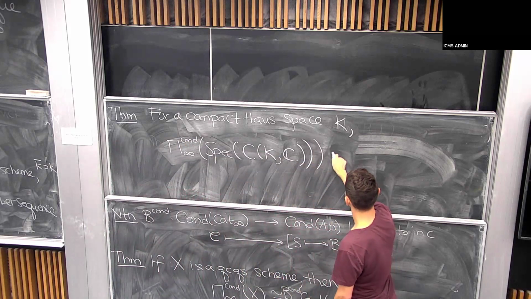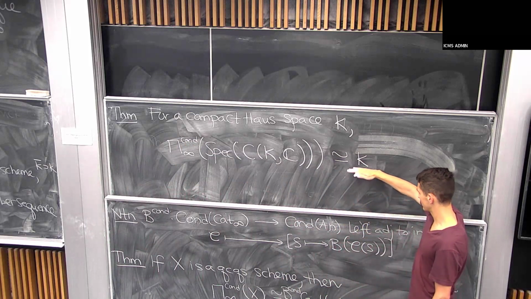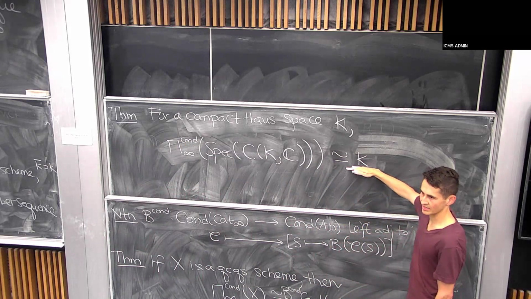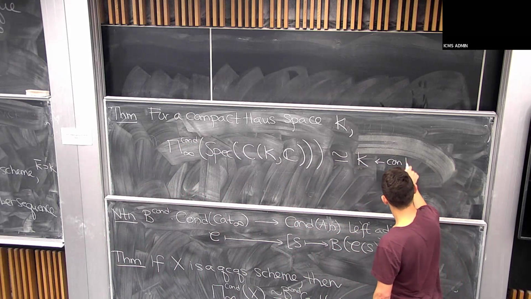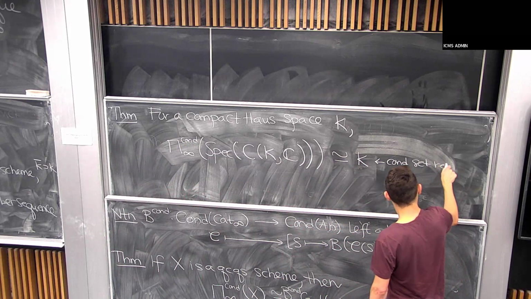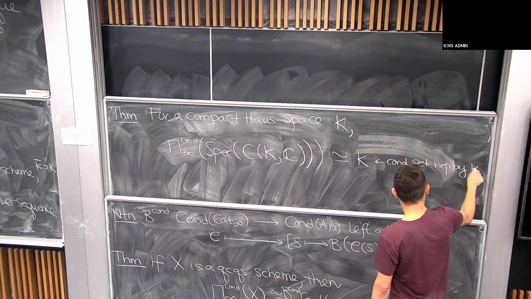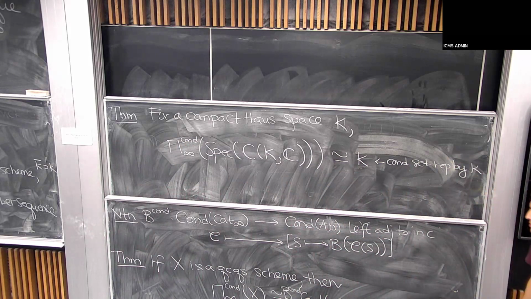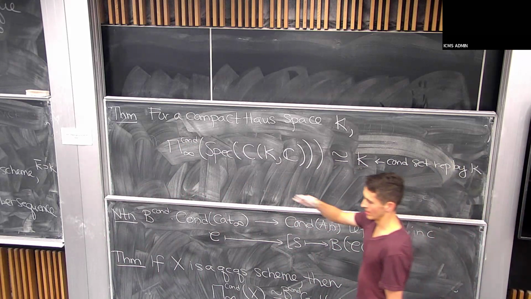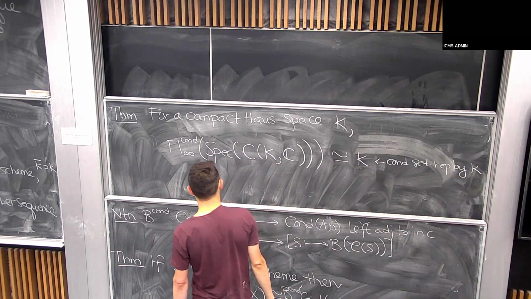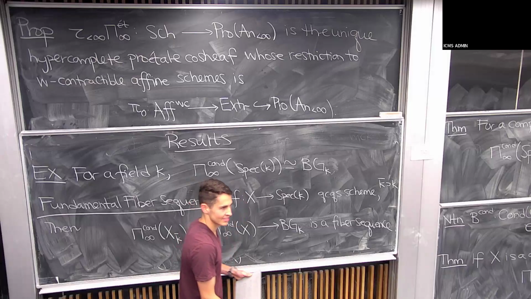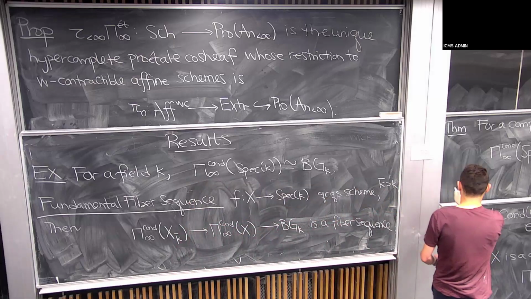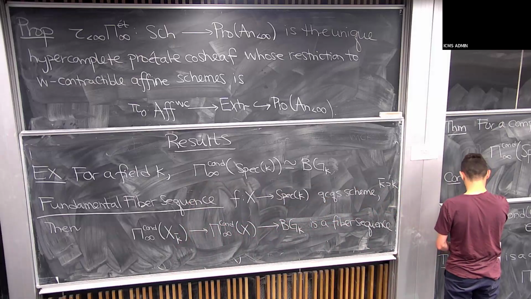Well, it's K, meaning the sheaf represented by K. So it's a condensed set. So this in particular tells you that this pi 0 cond, as schemes vary, even schemes over the complex numbers, you can reproduce every compact Hausdorff space. It's quite general.